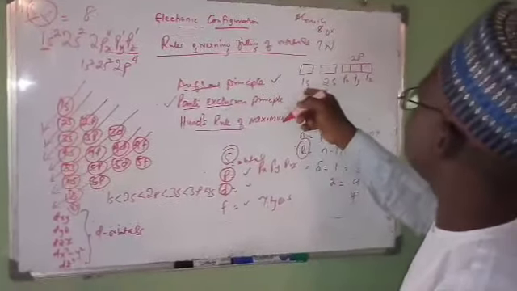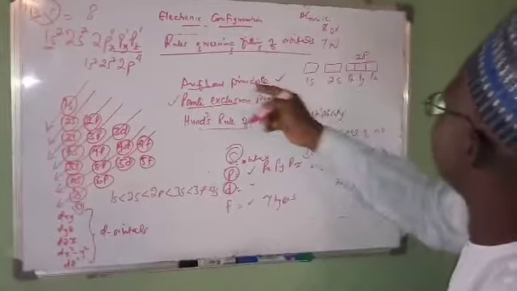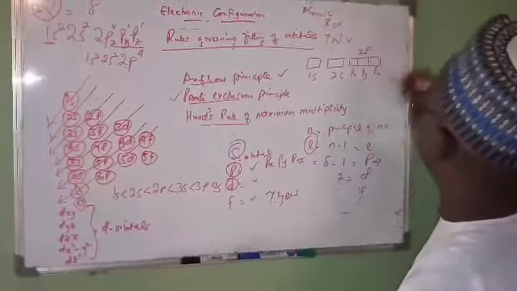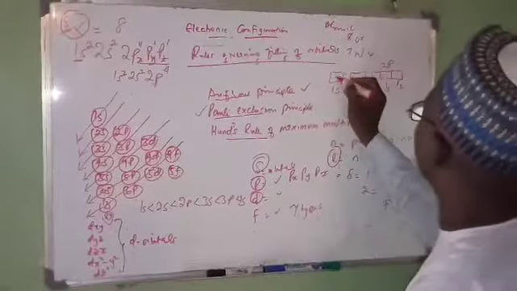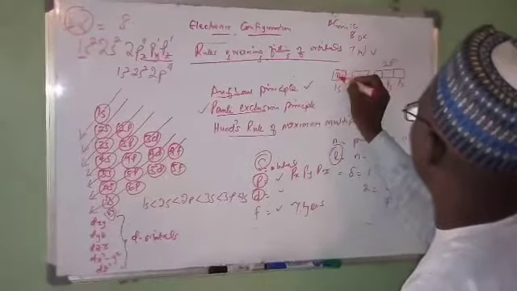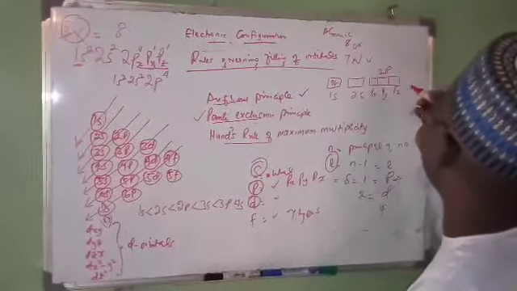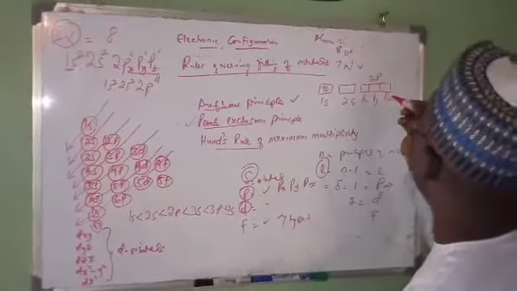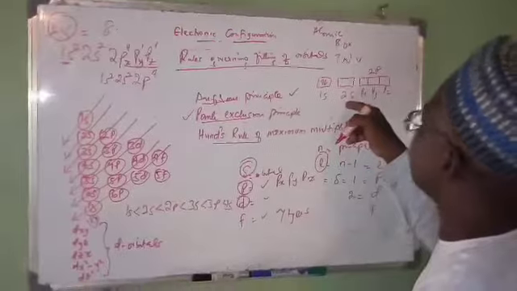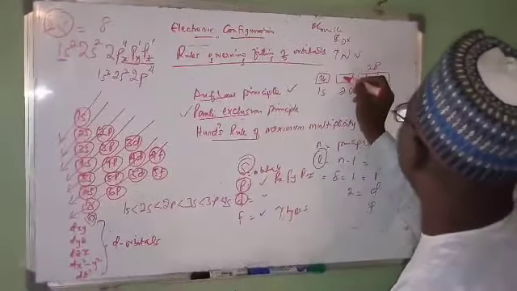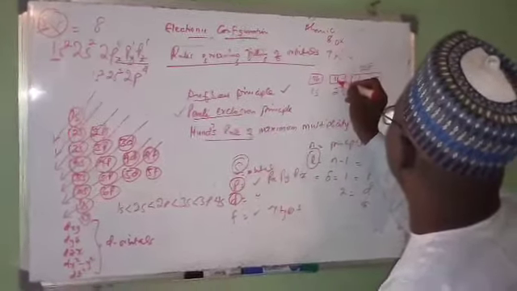According to the Aufbau principle, for nitrogen with 7 electrons, it has to be 1, 2, remaining 5. The second filling goes into the 2s orbital, which is 1, 2.